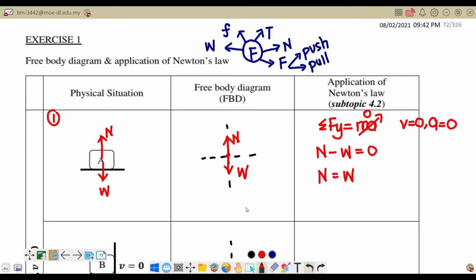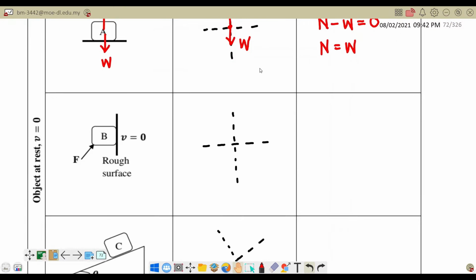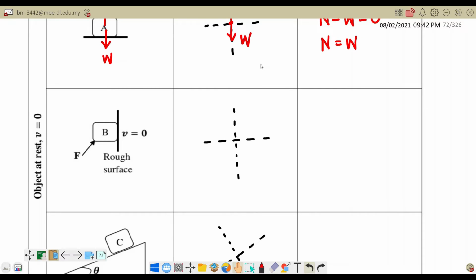Okay, number 2. The question mentions that the force is acting on object B, and object B is on a rough surface. So when there is a rough surface, of course we have the frictional force.